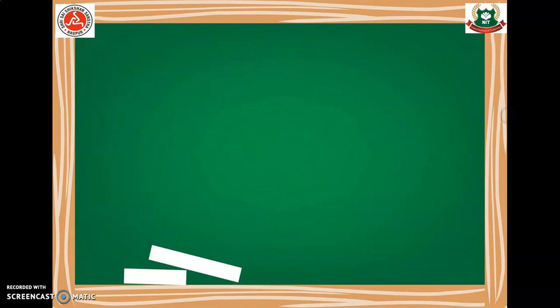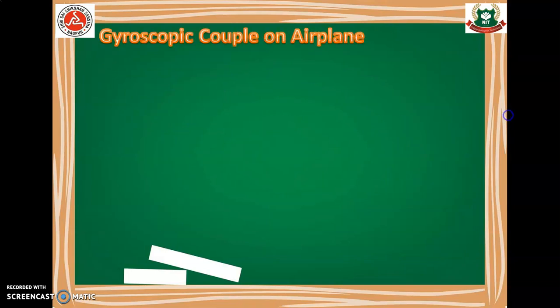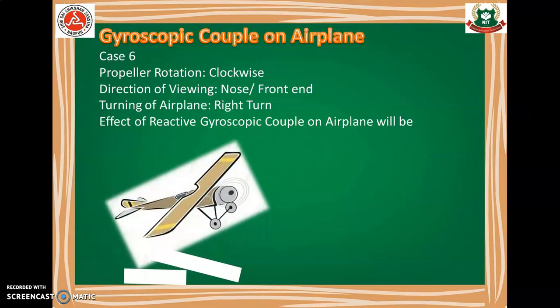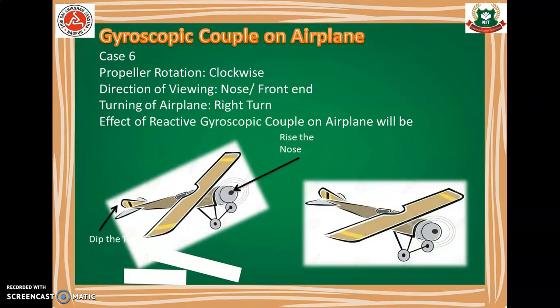In case number 6, the rotation of a propeller is in clockwise direction and again we are observing the plane from the front end. Now the turning of plane is in the right direction. So the effect of reactive gyroscopic couple on airplane will be, it will rise the nose and dip the tail as compared to the normal condition.